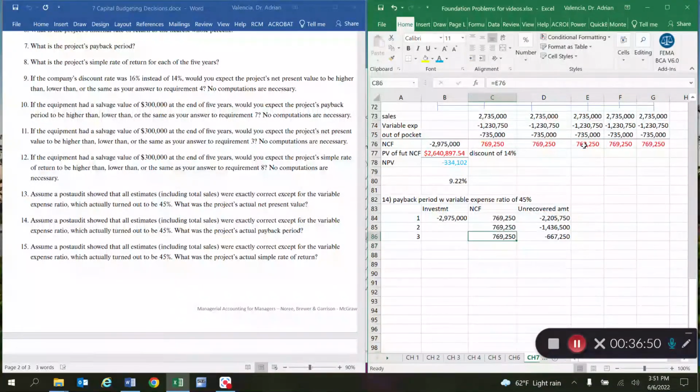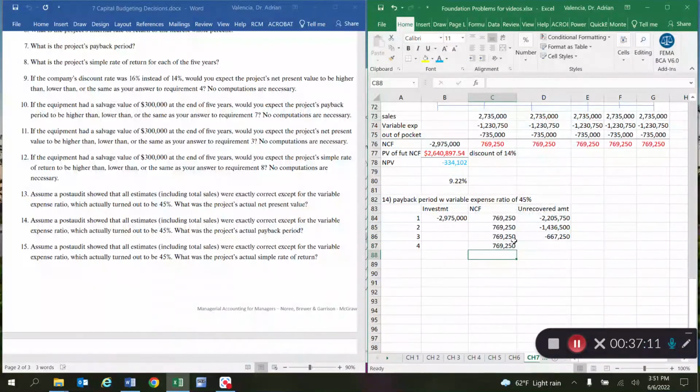Okay, so what you see is that by the third year, we still have not recovered our money. So now we have to go into the fourth year, and in the fourth year, we're going to have a positive cash flow, 769,250.